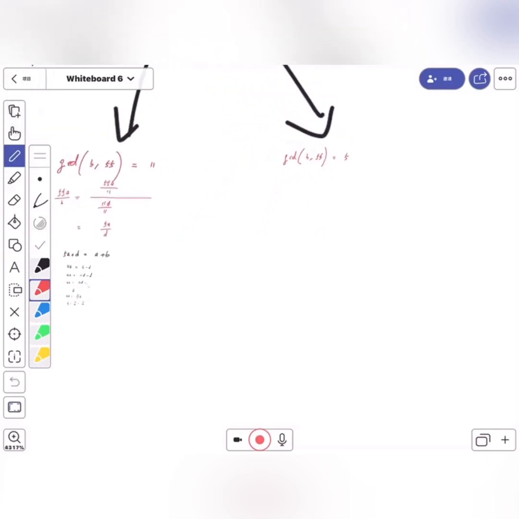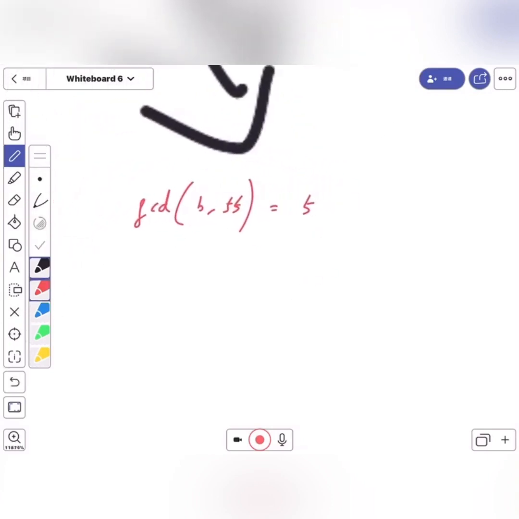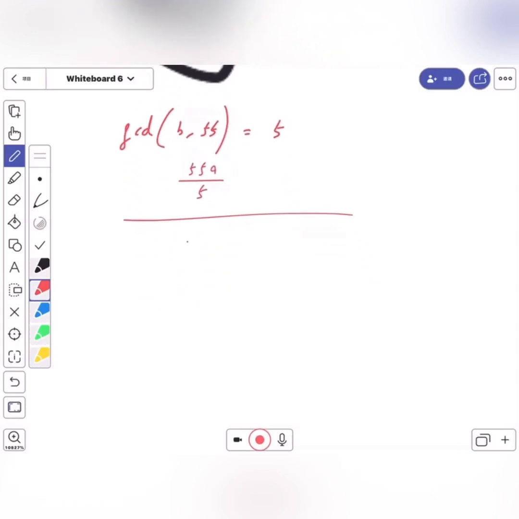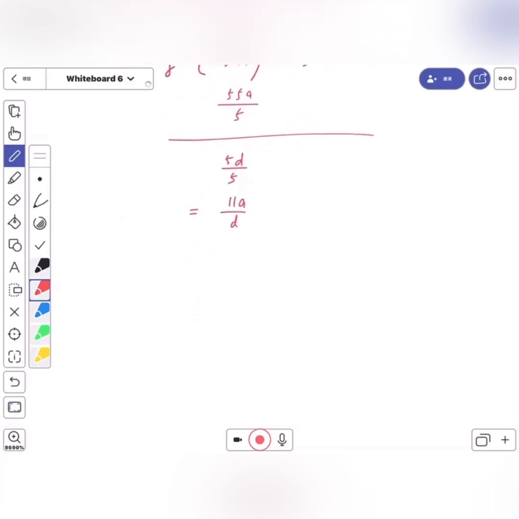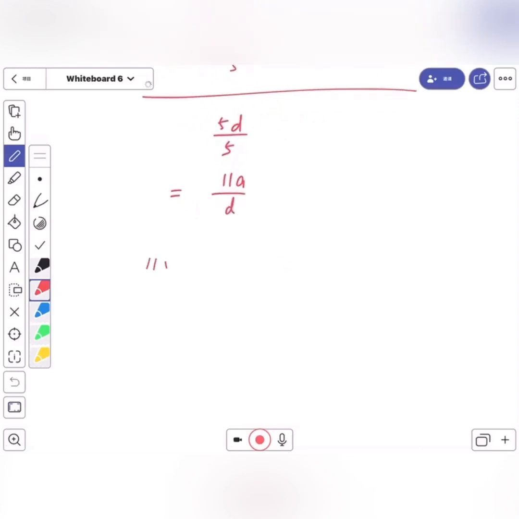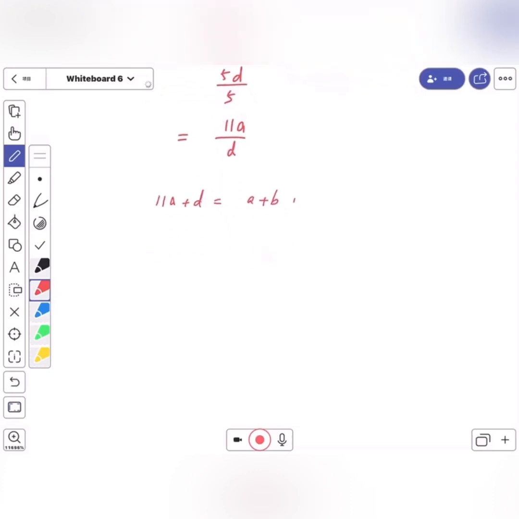Now in this case, we're gonna have 55a over 5 and over 5d over 5, which is equal to 11a over d. Okay, so now we just have 11a plus d is equal to a plus b, and we can just substitute d in it.